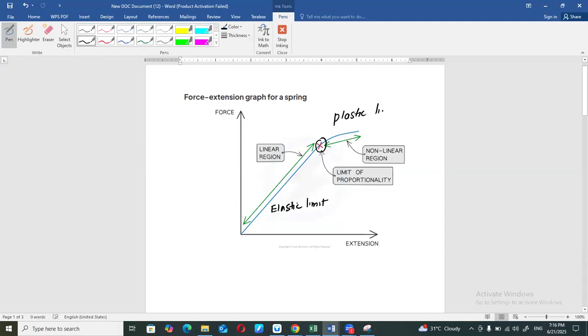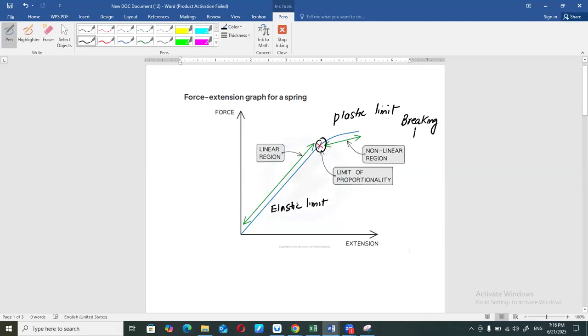In the plastic limit, even if you remove the force, the original shape will not be regained, but rather it will be distorted. And if you keep increasing the force in the plastic limit, the shape of an object keeps on distorting until the point comes which is the breaking point, and that particular object will be broken down.